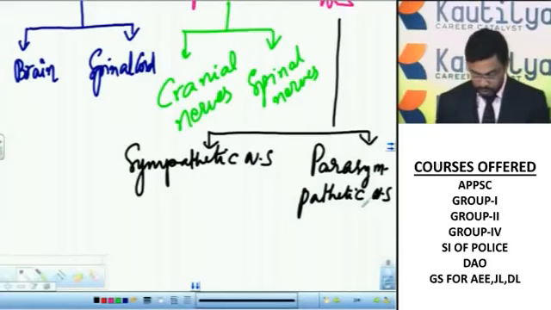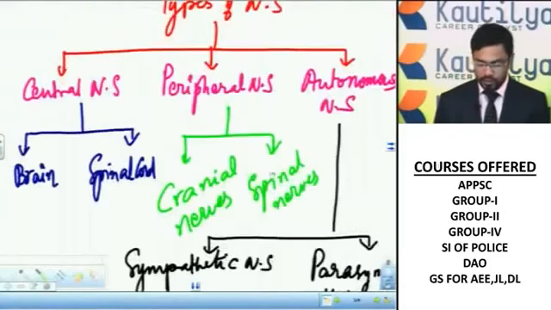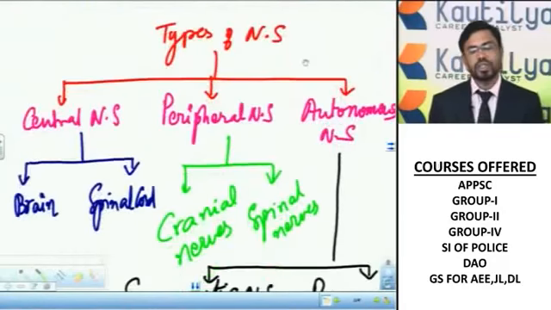So the nervous system is divided into mainly 3 parts: the central nervous system, peripheral nervous system, and autonomous nervous system.